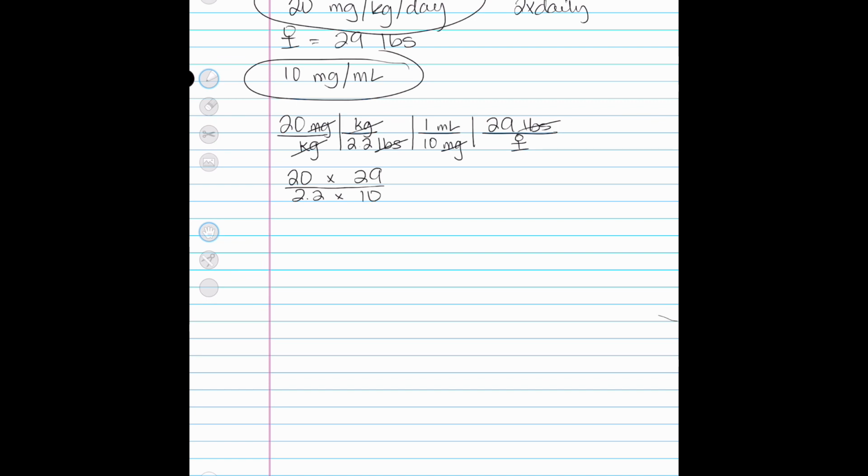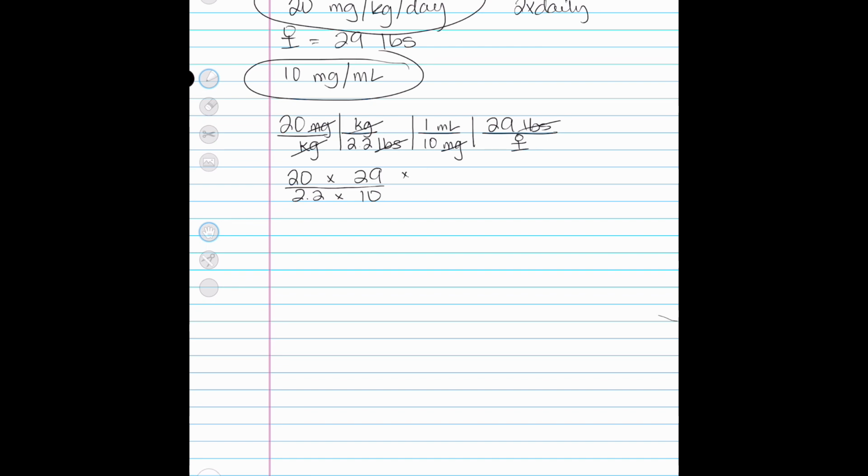There's a reason why I didn't put the ones in here. It's because when you put the ones in, it doesn't change the outcome of the equation. Multiplying by 1 or dividing by 1 gives you that same number back. So instead of writing times 1 times 1 times 1, all of that's completely unnecessary.